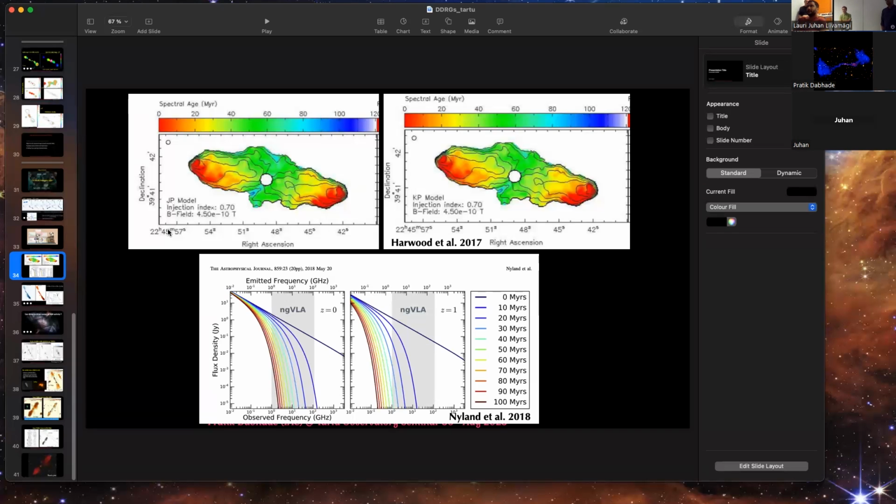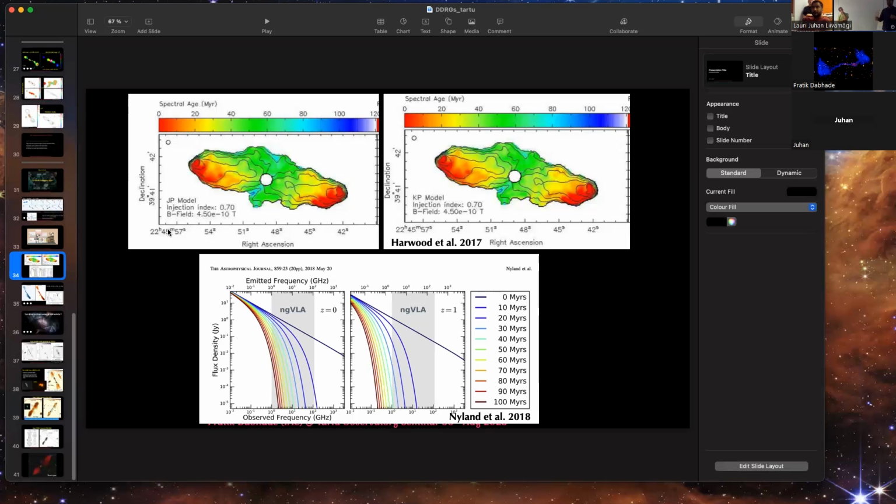2 more technical questions. Why 144 megahertz? Firstly, that's quite low radio frequency, and the part of the radio sky at that frequency was not seen before, and LOFAR brought that capability. GMRT also operates at 150 megahertz, but GMRT is dish based.